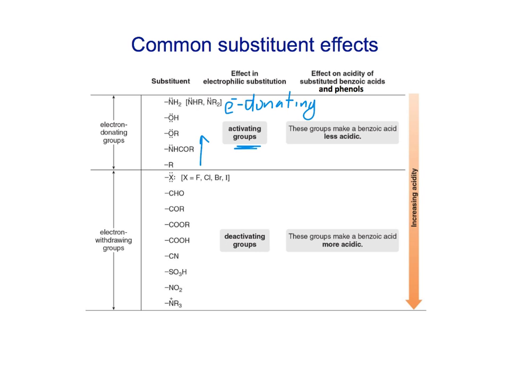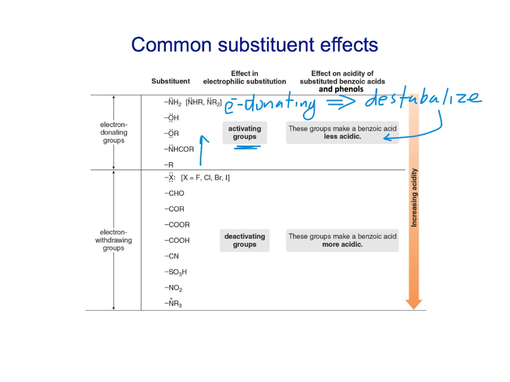Okay, and if we have electron donating, what does that do to the stability of the conjugate base? Conjugate base is an anion, right? We donate electrons to an anion, it destabilizes it. Right? And that makes the conjugate base less stable, makes the acid less acidic.